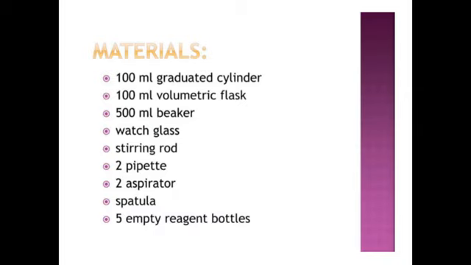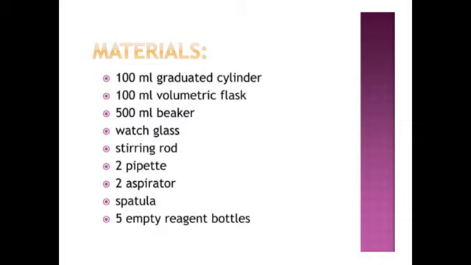But the ones that you see here are specific to the ones we want to prepare. Your graduated cylinder can be of any volume, as the case may be. You are also going to need a standard flask to prepare standard solution. Measuring cylinder is usually used to measure liquids, especially the acids that you want to use. You have a volumetric flask, or what is called a standard flask.